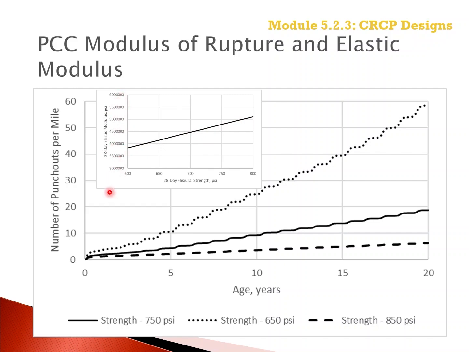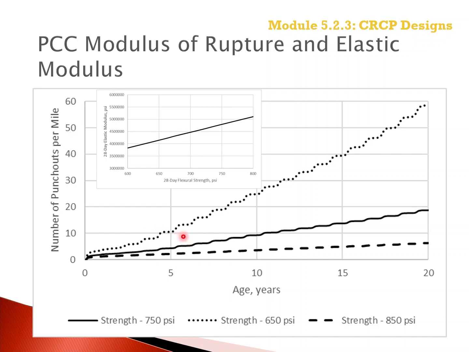The number of punch-outs per mile basically increases with the lower concrete flexural strength and/or lower elastic modulus combination in accordance with the strength elastic modulus regression equation or relationship included in the Pavement ME design software.